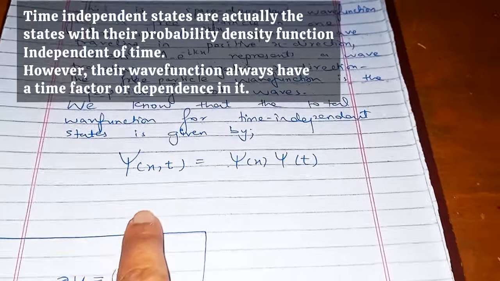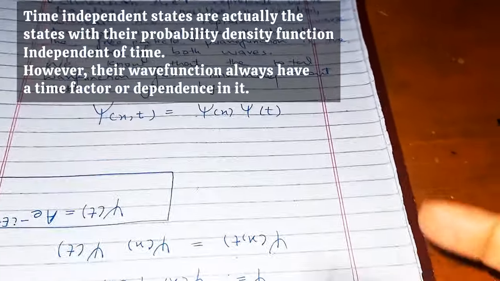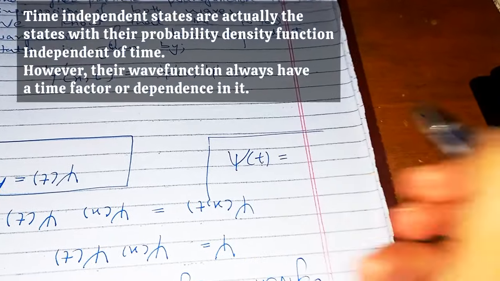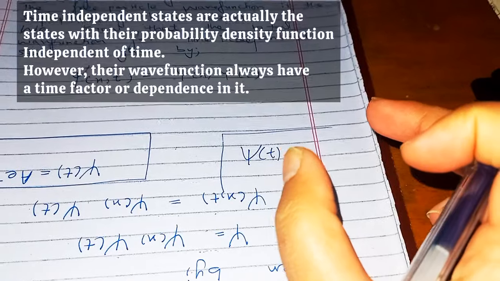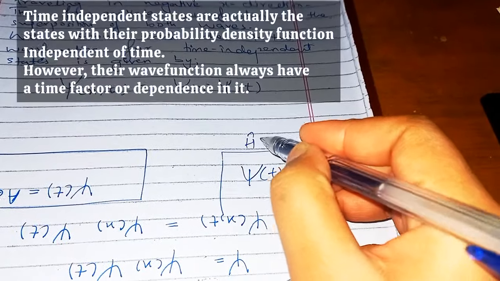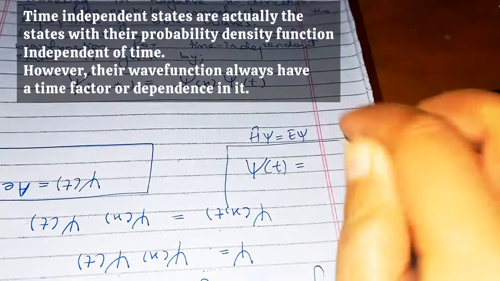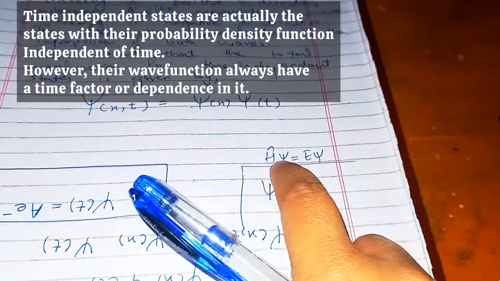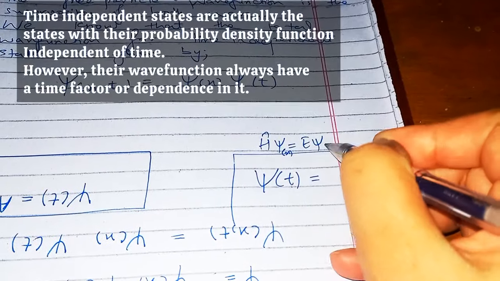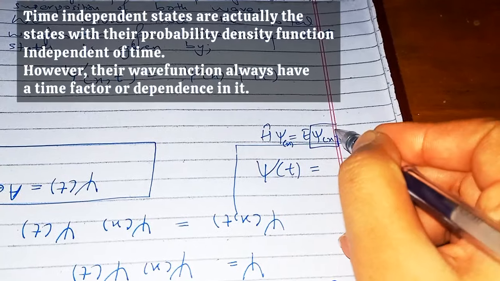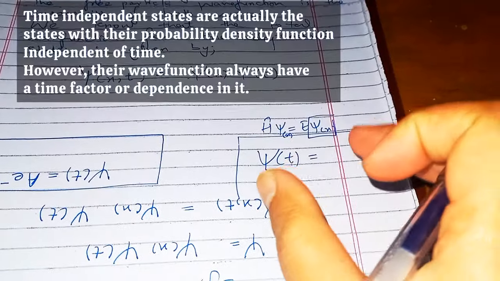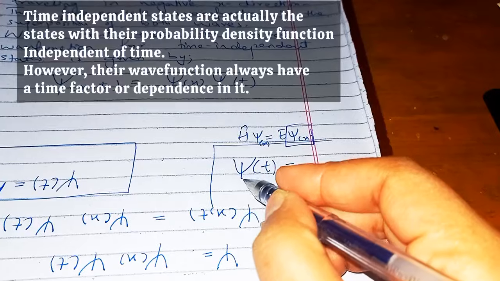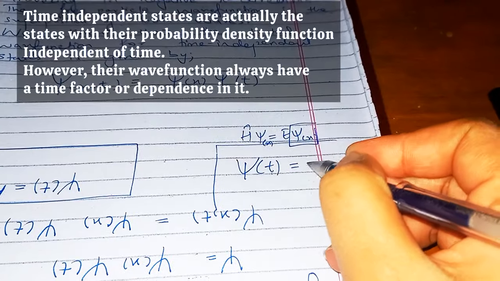While deriving the time independent Schrödinger's equation, we witnessed that we had calculated psi of t as well. There were two equations that resulted. One was the Schrödinger's equation that we saw earlier in this video, the time independent Schrödinger's equation, which gives us psi of x. The other equation gives psi of t, and its solution was calculated.